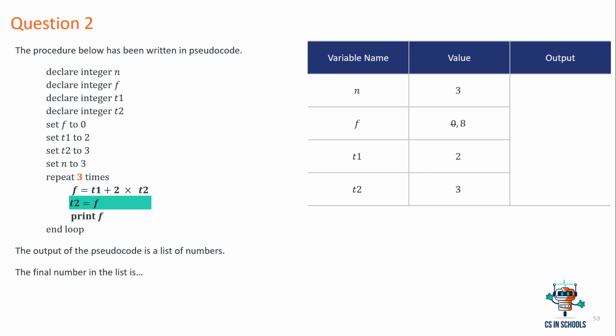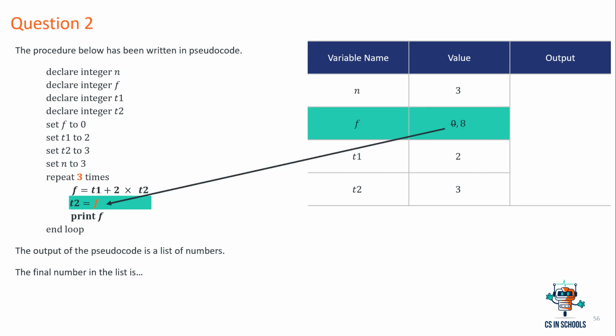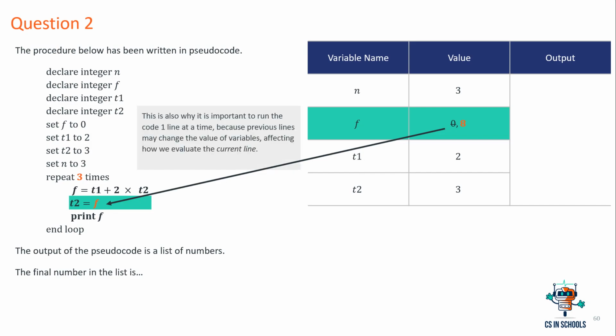On the next line of code, we see the equal sign again. Once again, we look at the right-hand side, which is f, the variable. We're going to substitute in its latest value of 8. And you'll notice that this changed from its initial value of 0. It's important that we always use the newest value to substitute.